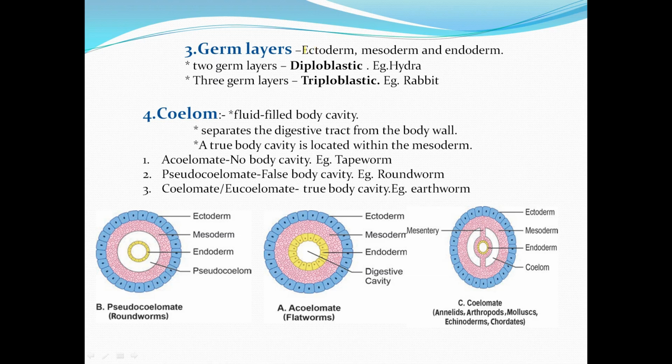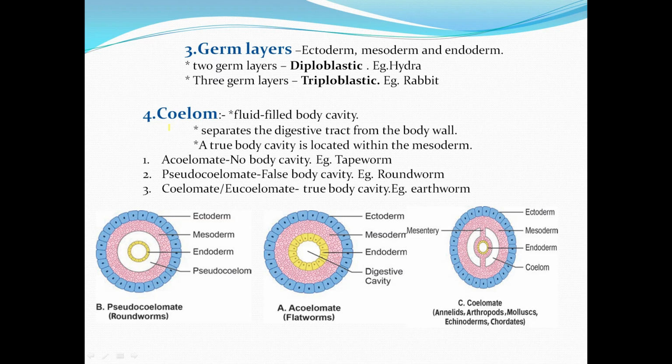They are ectoderm, mesoderm and endoderm. The organism with two germ layers is said to be diploblastic. It will have only ectoderm and endoderm. Example for this is Hydra. Whereas the organism which has three germ layers, namely ectoderm, endoderm and mesoderm in the middle of them, is called triploblastic. Example for this is rabbit.